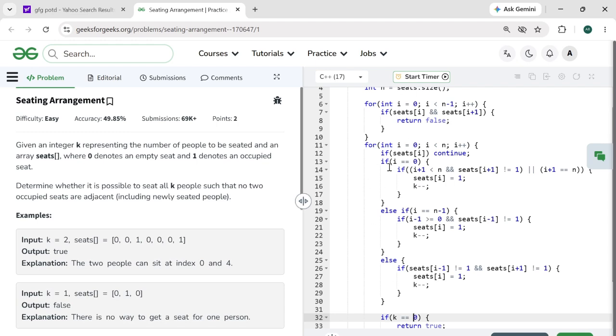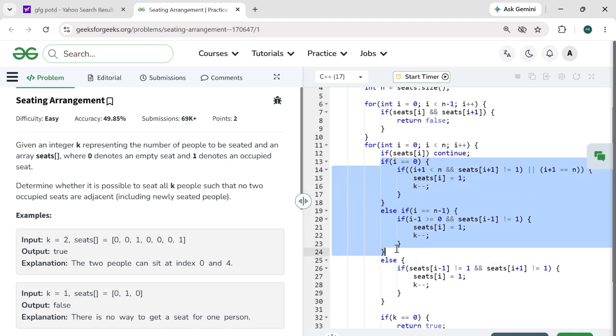So over here, if the seat is already occupied, then no need to think of placing any person on that particular seat. So I'll simply continue. And over here I'm handling the extreme cases separately, right? If i is equal to 0, there would only be one neighbor, that is i plus 1.